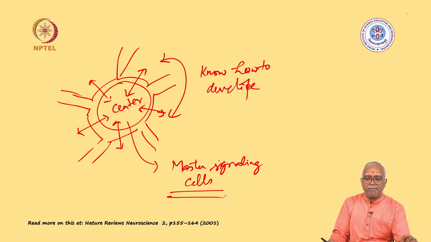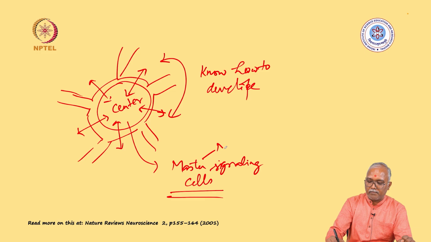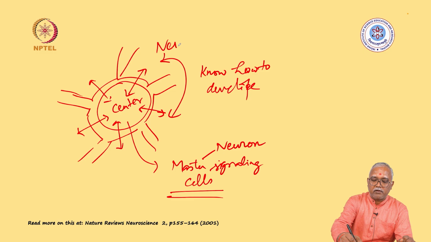If I take for example, suppose the cell in center wants to become a neuron, and it does not want neighboring cells to become the neuron, so it will give signal accordingly, so that neuronal fate is inhibited.